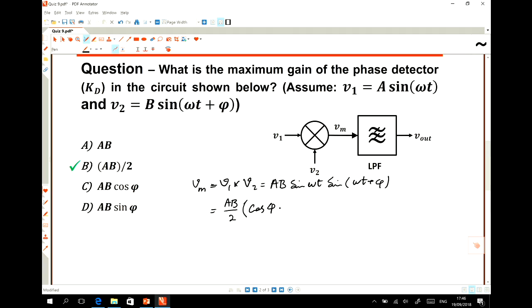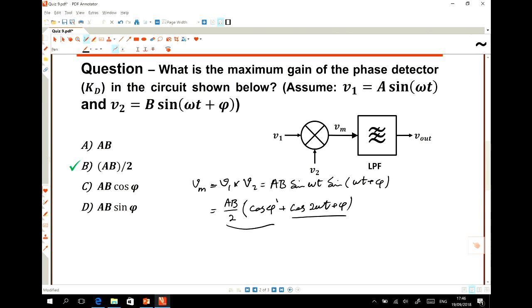Is it correct or not? Is it cosine or sine? Cosine phi plus cosine 2 omega t plus phi. So we filter out this, we have this one.